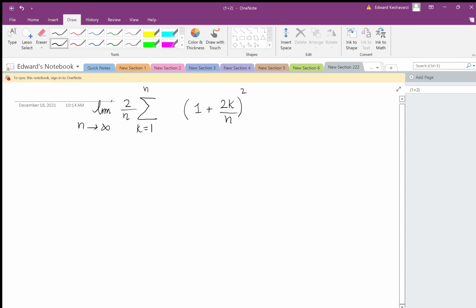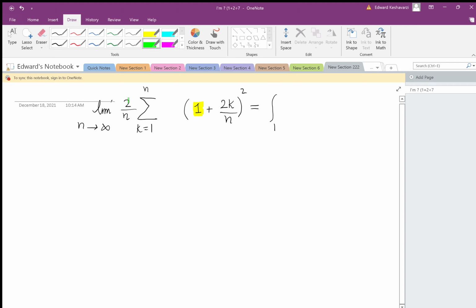So we want to know this limit. If you apply that formula, which integral represents this limit? Again, the key point is a, which is 1 here. So it turns to integral from 1.